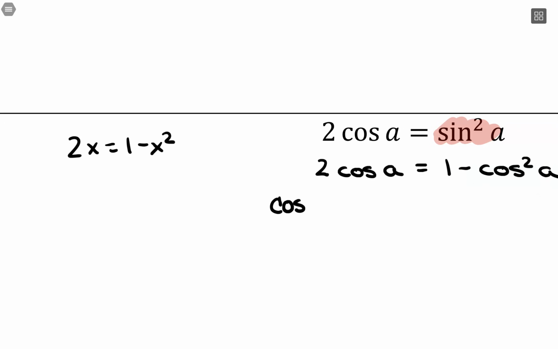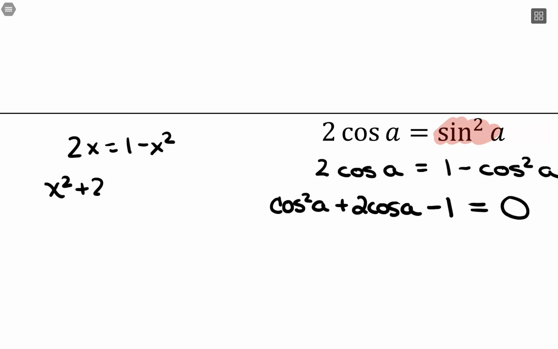That'll give me cosine squared plus 2 cosine A. And then to really get 0 on this side of the equation, I'm going to subtract 1 from both sides. So then minus 1, and that would just leave me with a big 0 over there. So the equivalent that I have is x squared plus 2x minus 1 equals 0.